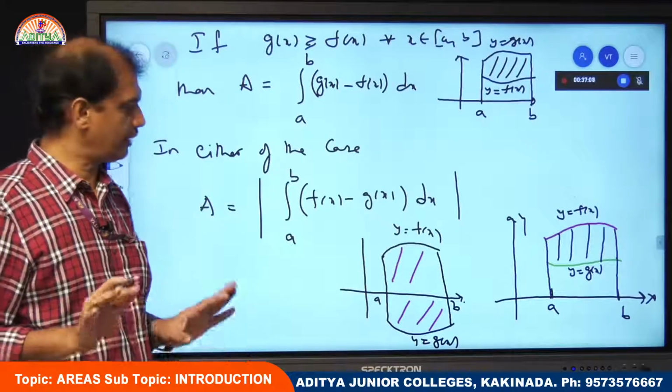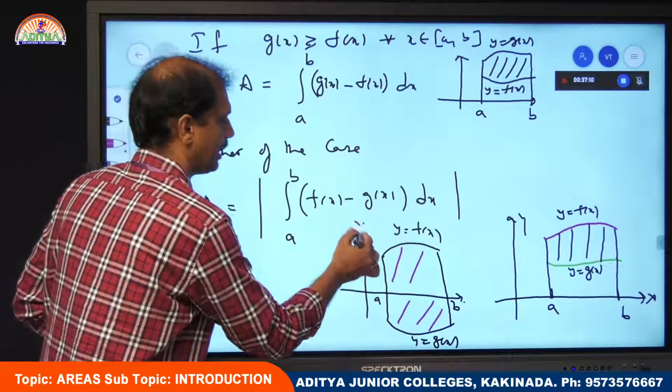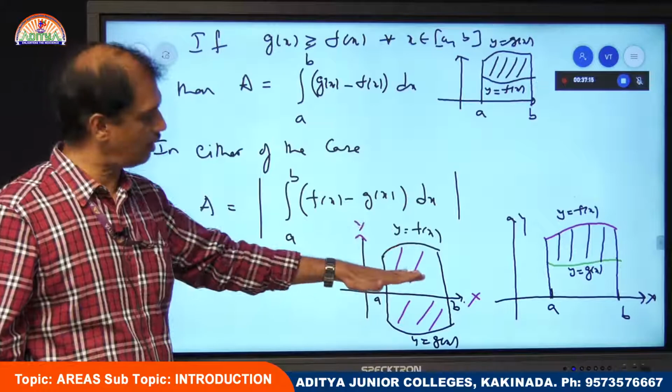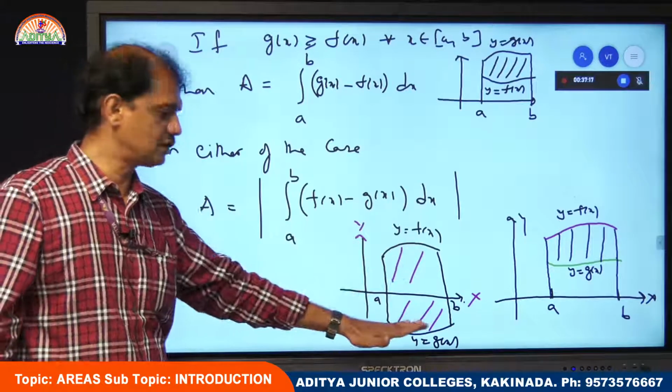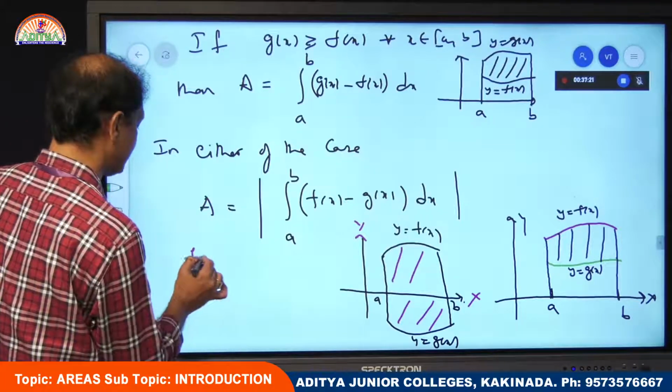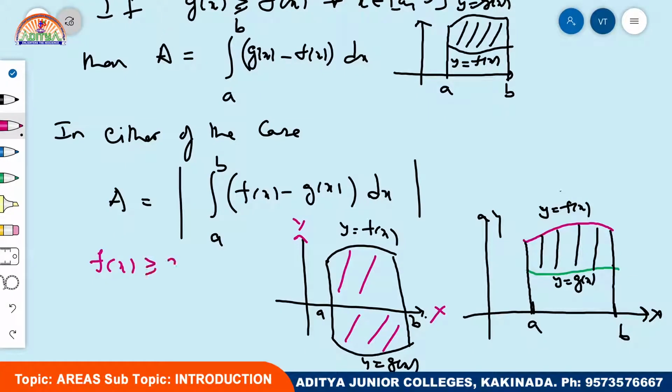According to the graph, one is upper and one is lower. y equal to f of x is upper because all its function values are positive here, whereas g of x is negative. Therefore, f of x is greater than or equal to g of x for all x belonging to the closed interval [a, b].